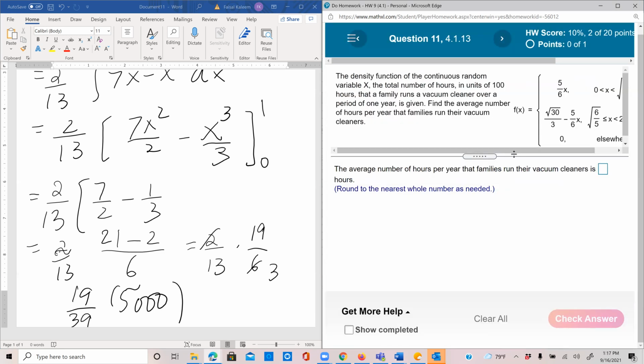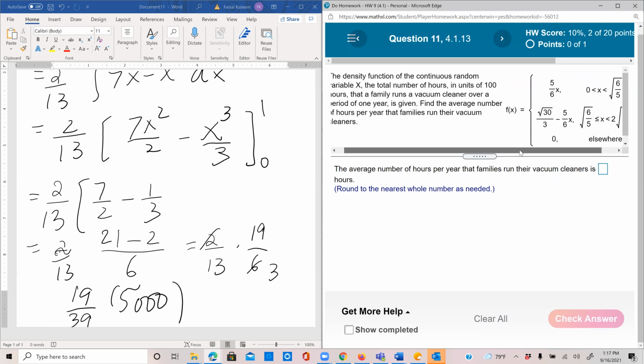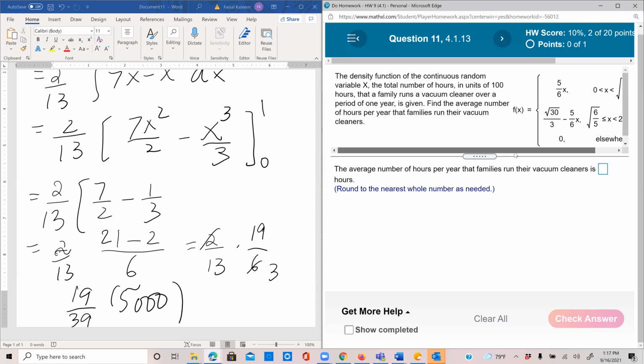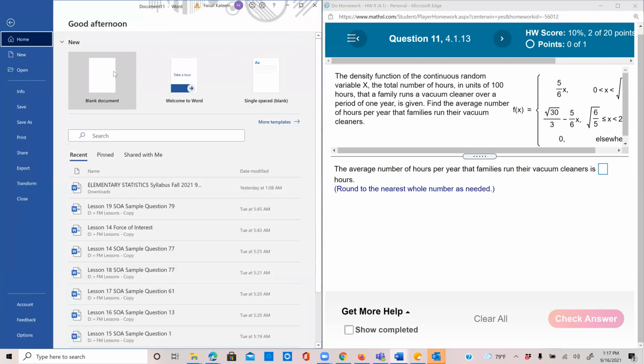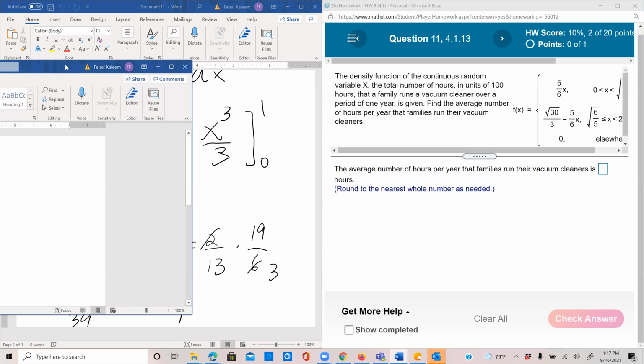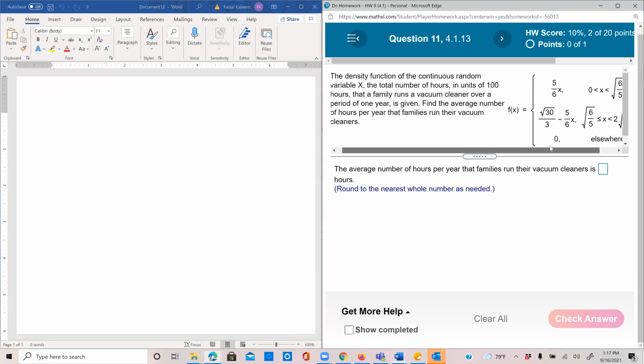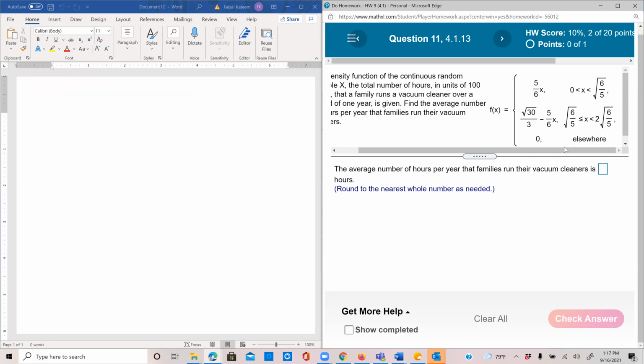Okay. So now we have to find the average number of hours. X is the number of hours in units of 100 this time. And once again, we have to find the average, which is the expected value, the integral from negative infinity to infinity xfx, because it's a continuous variable. So this time there are two non-zero pieces.